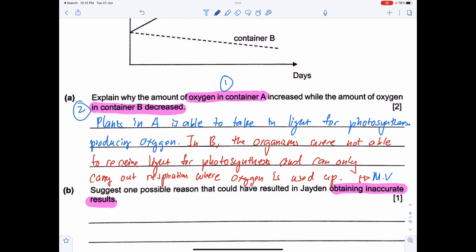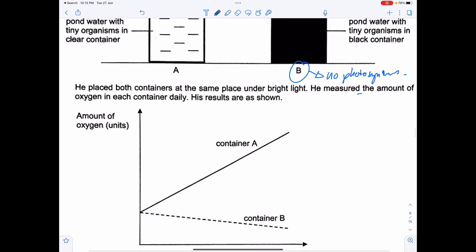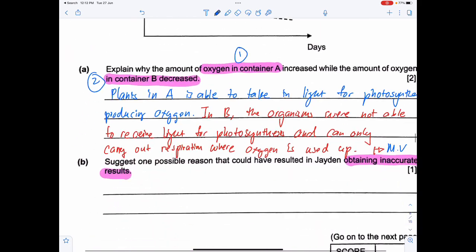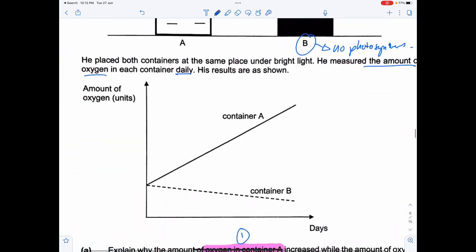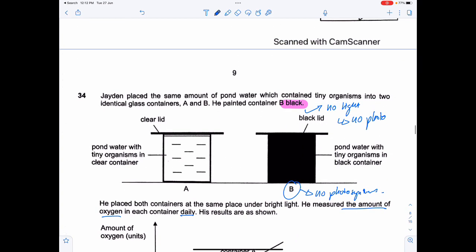In this case, we are talking about the amount of oxygen on a daily basis. So you ask yourself, how do you think he actually measured it?